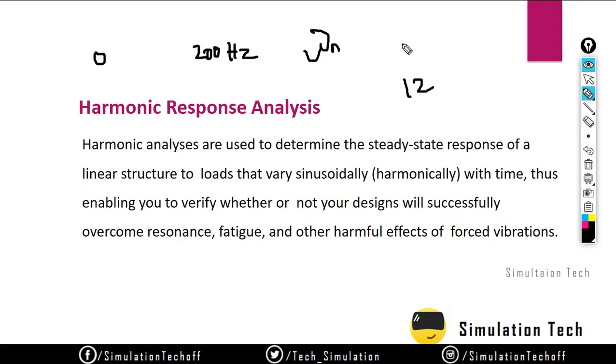Among those 12, resonance does not happen at every value. Only 2 or 3 frequencies will match and resonance will happen when the external force is applied. So our motive is to find the response at these frequencies. Among the 12 frequencies, which has more displacement or more amplitude? That is what we are looking for here.